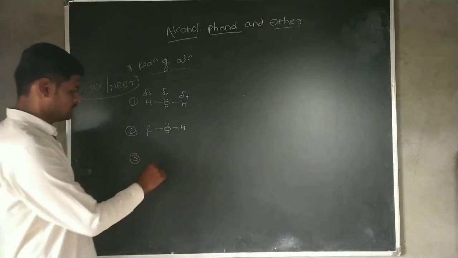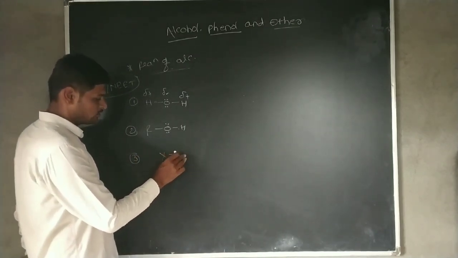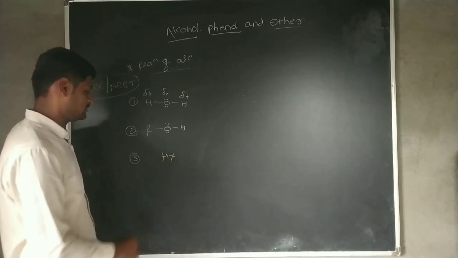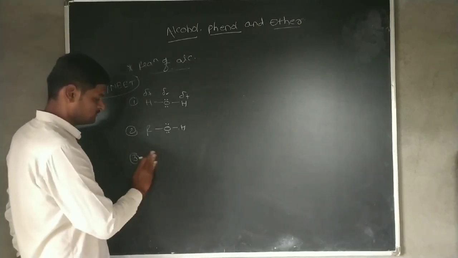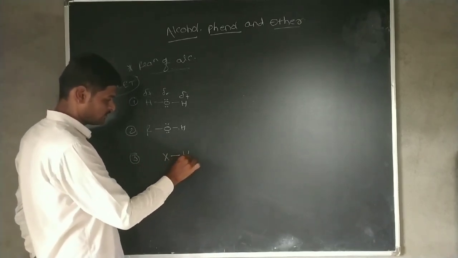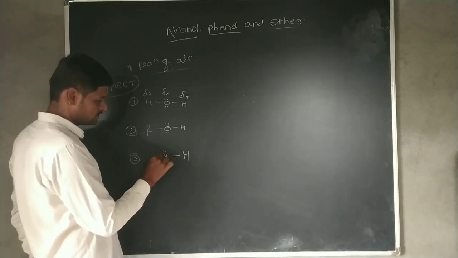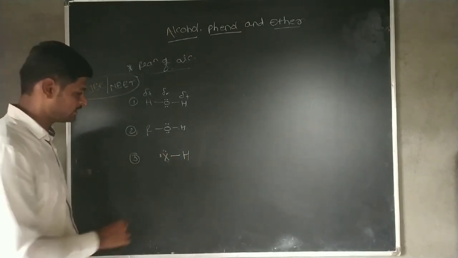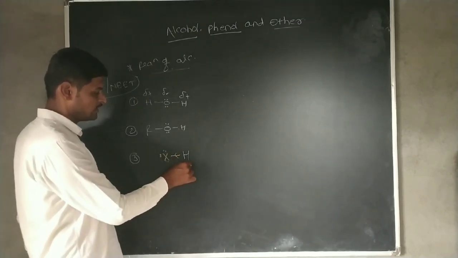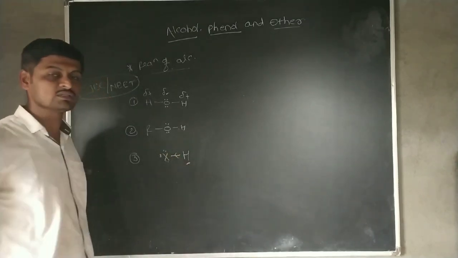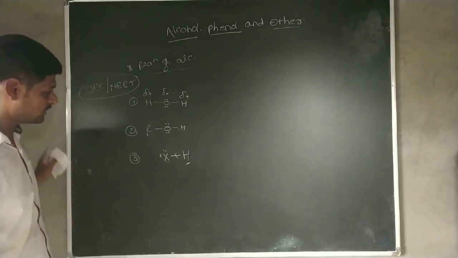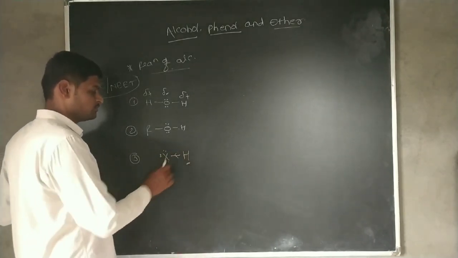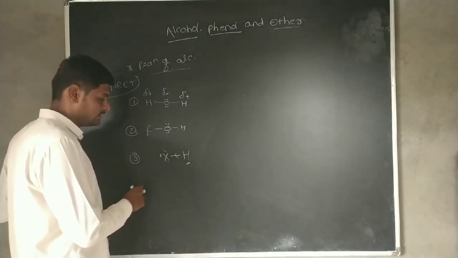Then the hydrogen halide, this is HX. The halogen carries a lone pair, and due to the highest electronegativity of the halogen, it attracts the electrons. That means in case of hydrogen halide, the hydrogen is acidic in nature.